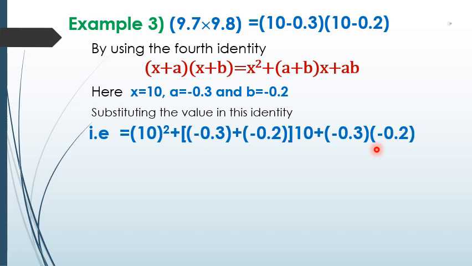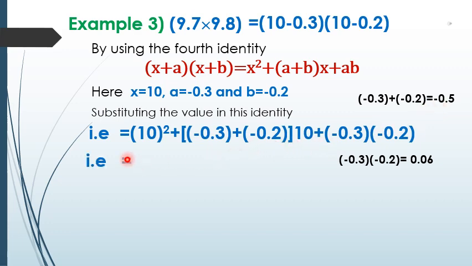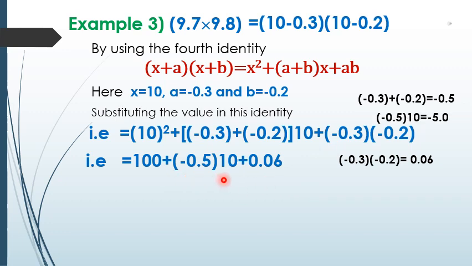Here 10 square is 100 and minus 0.3 minus 0.2 is minus 0.5. That is equal to 100 plus (minus 0.5) into 10 plus 0.06. In the middle term, minus 0.5 into 10 is minus 5.0, we can write 5.